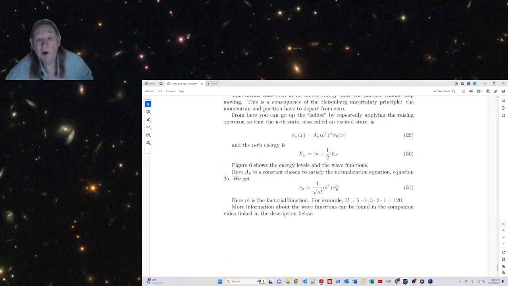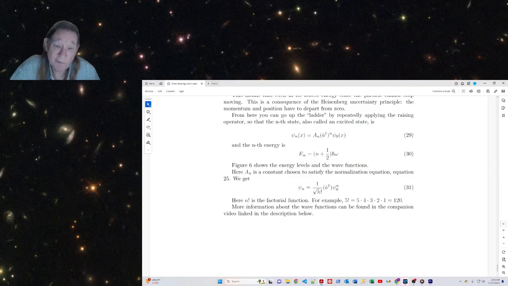So if you work out the factors, then you get the nth wave function is equal to a dagger, this should be to the nth power, applied to psi 0, the ground state, with a factor of 1 over the square root of n factorial. What n factorial is the factorial function.